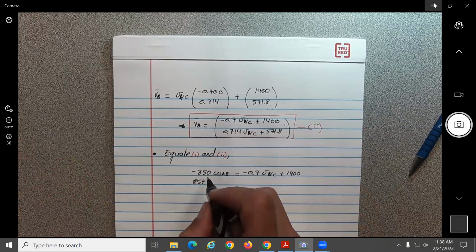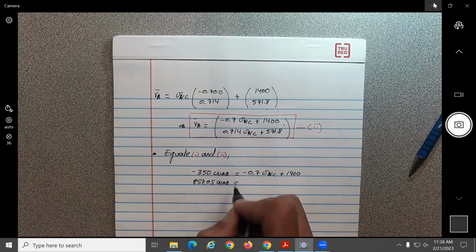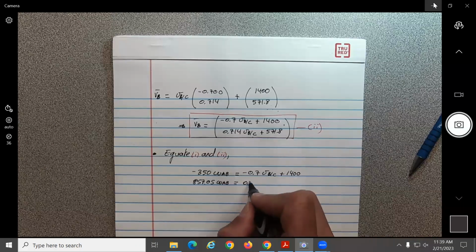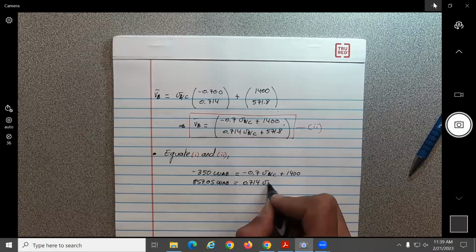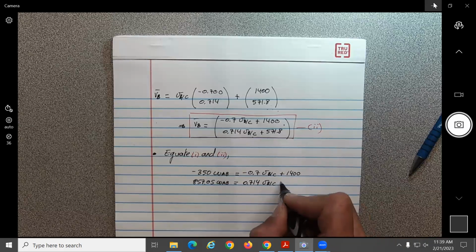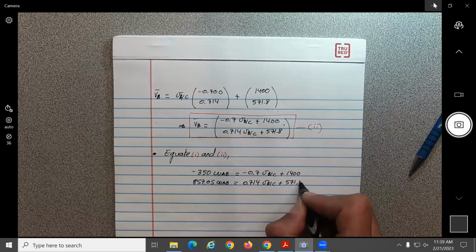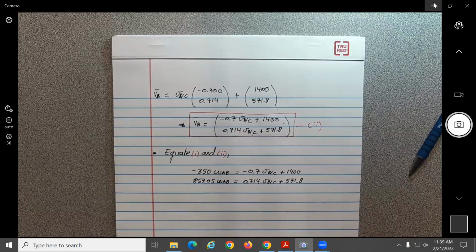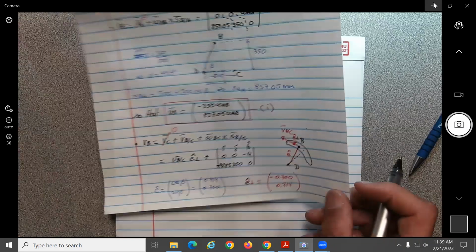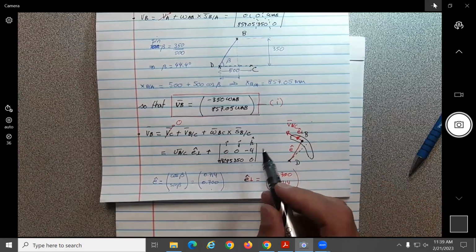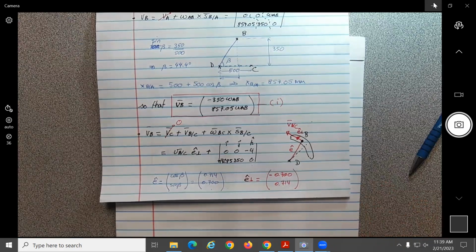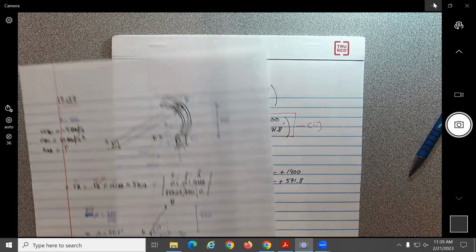Upper negative, no? 0.5 omega AB equal to 0.714 velocity of B with respect to C plus 571.8. Because we got a negative. Yeah, but we switch the sign for the X, no? But negative times negative, 4 times negative. Yes.